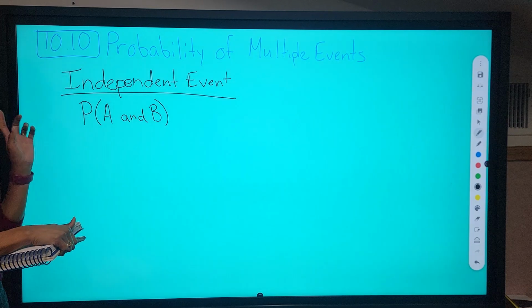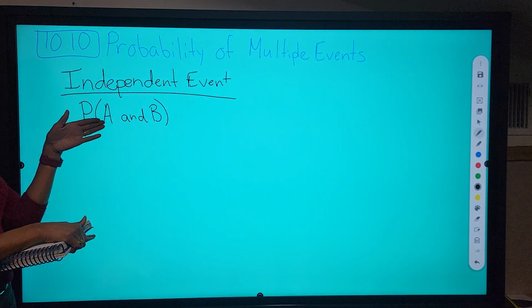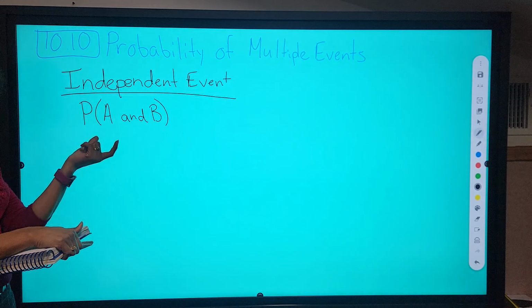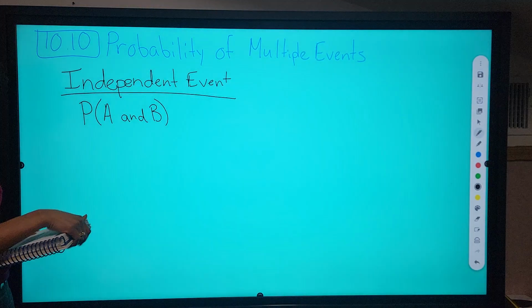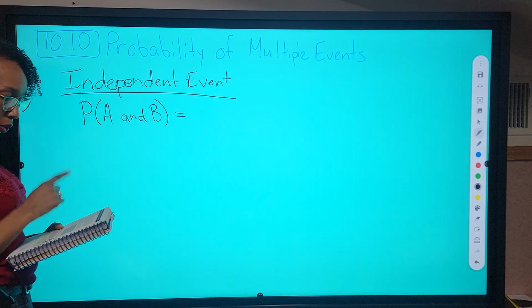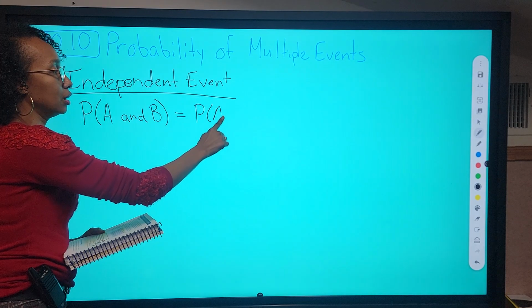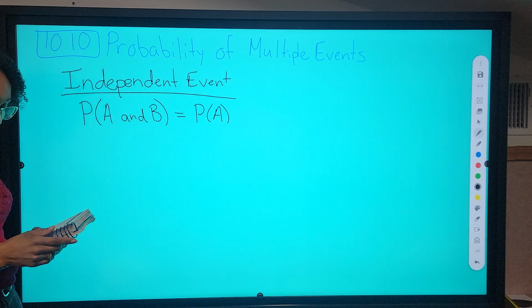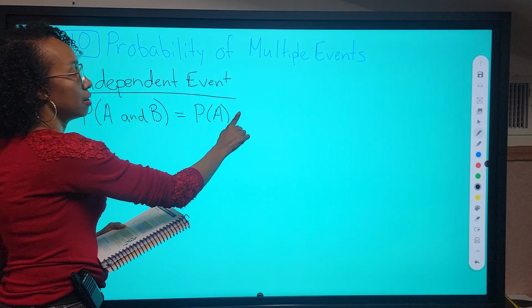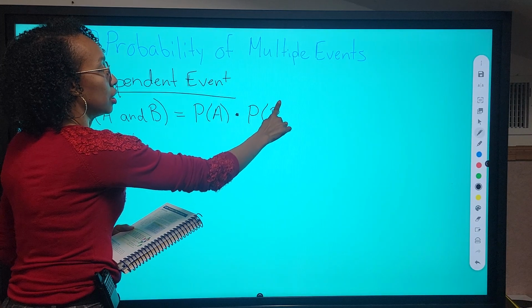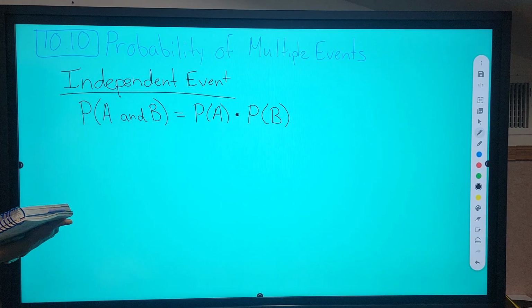It means that we're looking at the probability of A happening and then B happening, but they're completely independent, okay? To find that, you would take whatever the probability is of the first event, in this case A, and you're going to multiply that by the probability of the second event. Okay?